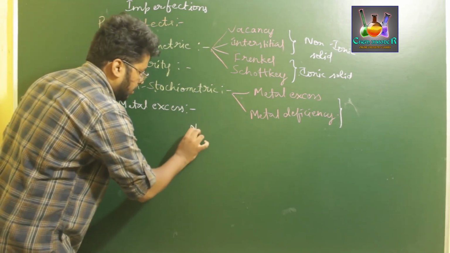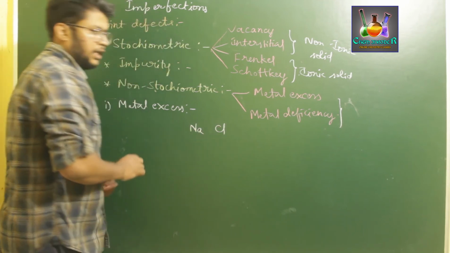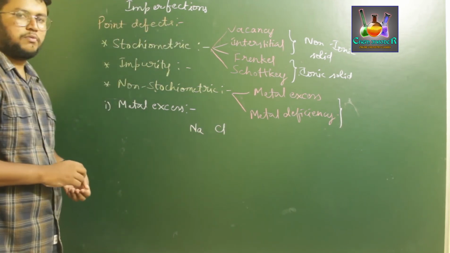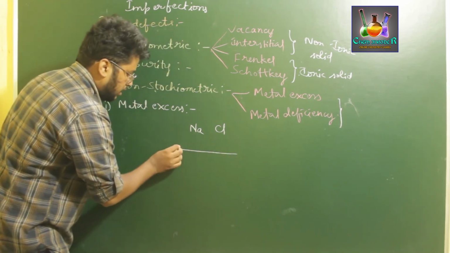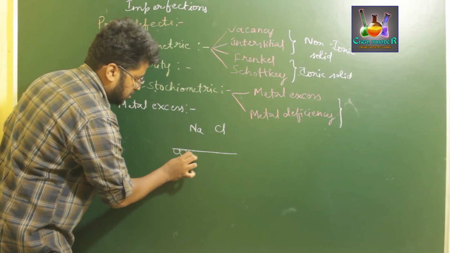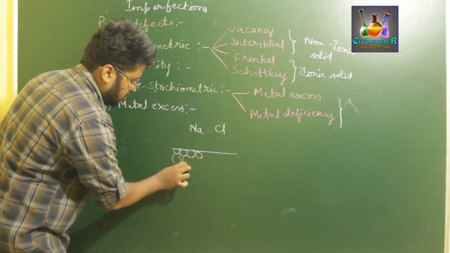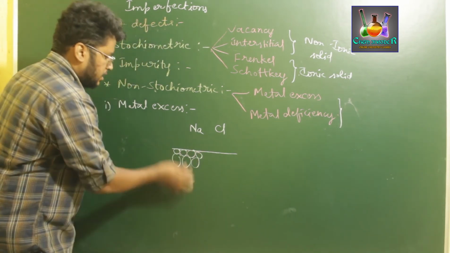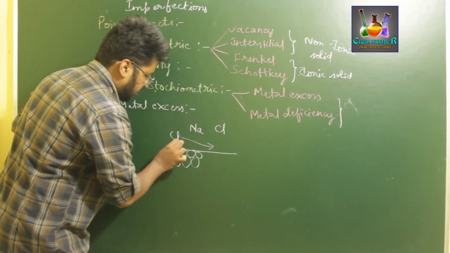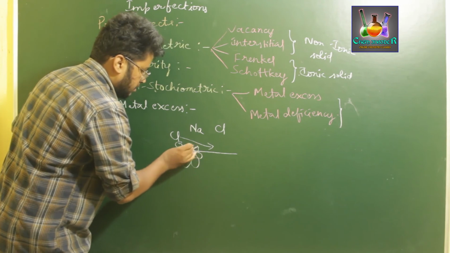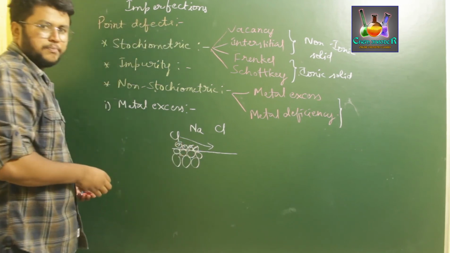When sodium is heated along with chlorine gas, sodium gets vaporized and collects at the surface, like this. The Cl gas which is passed over is getting accumulated on the surface because of surface attraction.